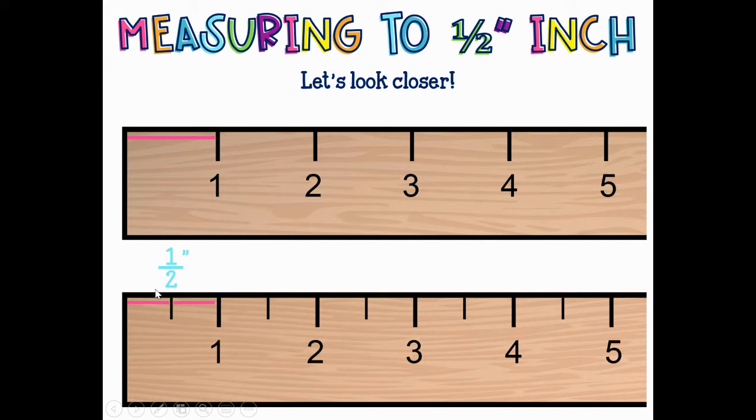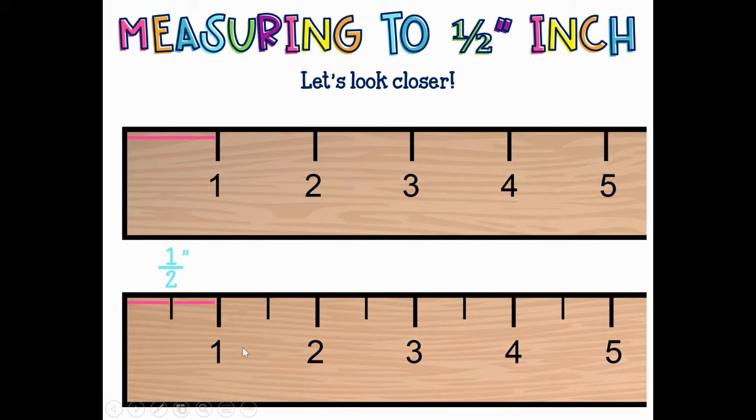And we're going to continue this fraction all throughout my ruler. However, after each whole number, I have to include that number with the fraction. So let's look at this as an example. My first tick mark before I get to the whole number 1 would just be 1/2.